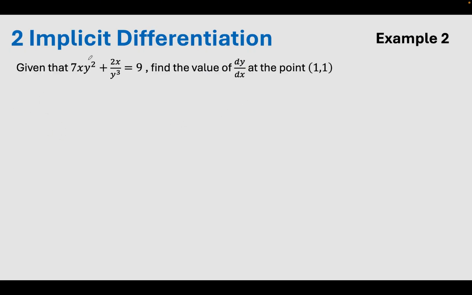Now, this one has a product in it, so we have to be careful. I'm going to rewrite this the same way as last time, but bring the exponent up like this, just to make our life a little easier. So let's begin. The product rule, remember: I differentiate this and multiply by this.